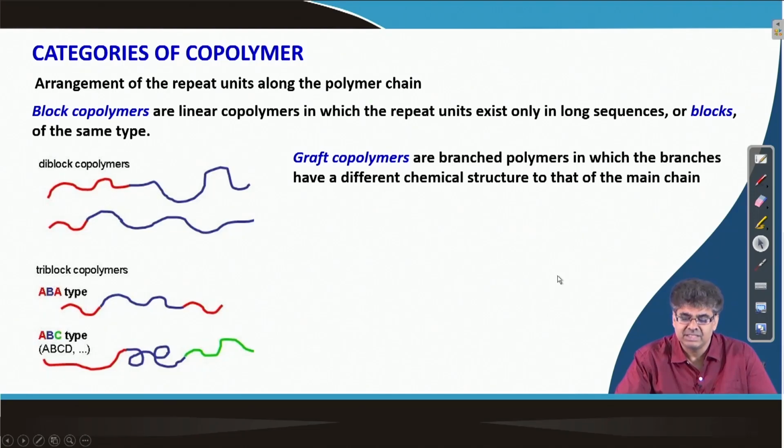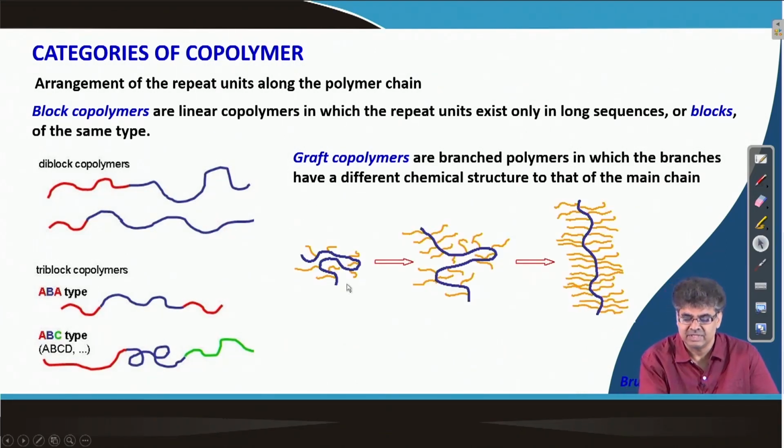Graft copolymers are branched polymers in which the branches have a different chemical structure to that of the main chain. So, in this case we have one main chain and branches. For example, in this case we have this blue color, one is the backbone and there are different branches which are shown here.